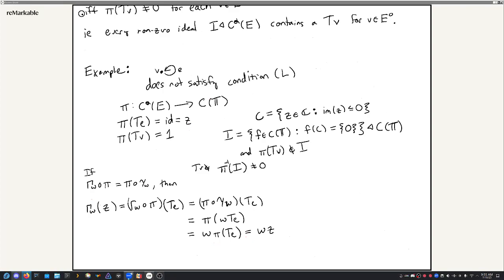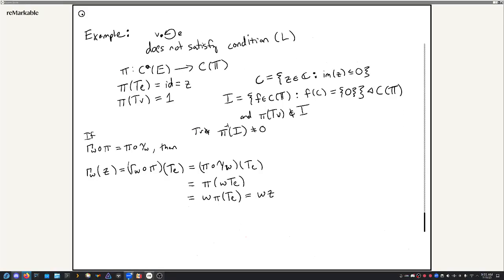Now, you can see that pi actually is injective because we do have this action of the continuous functions on the circle. See, if you take the identity function, you multiply it by w, and you send the unit to the unit, then you're really rotating the unit circle.